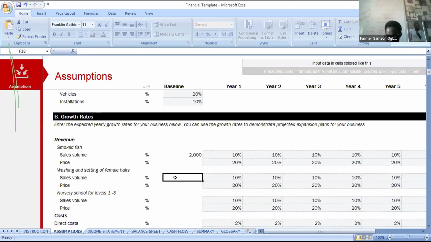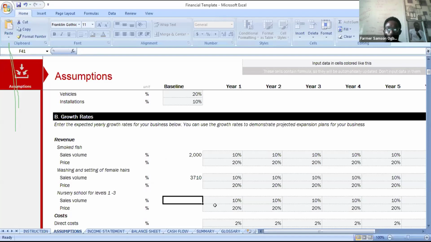I'm trying to open my calculator to do the math. So in a week, you attend to 70 people. So we would assume that in a year, if it has 53 weeks, you attend to 3,710 people. This is the assumption. Sales volume.